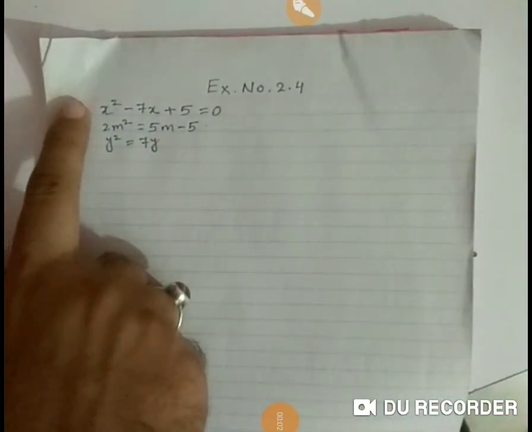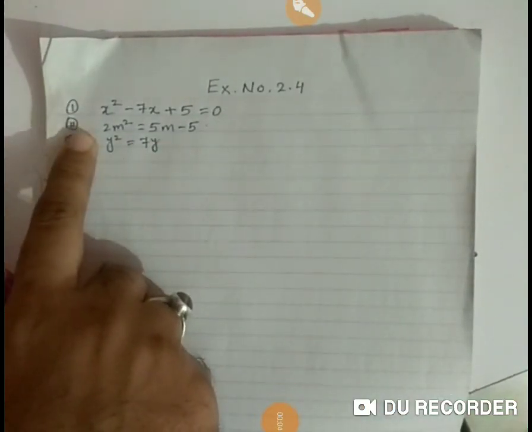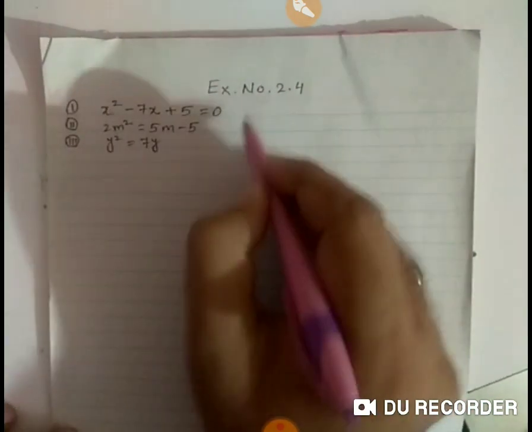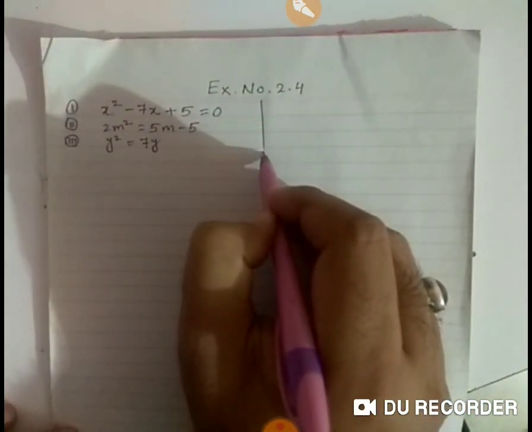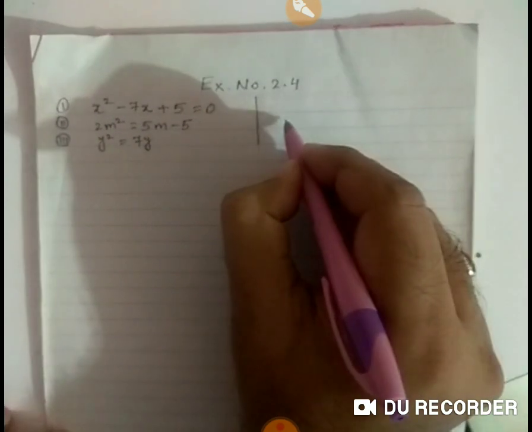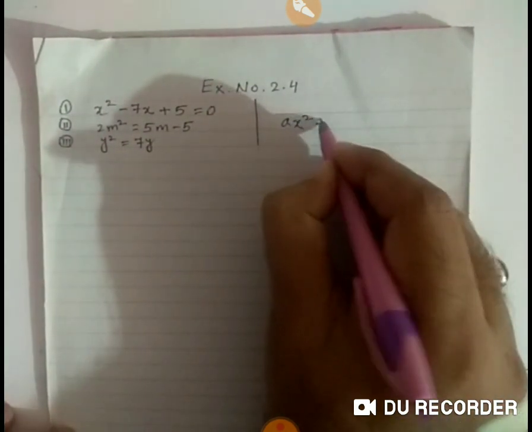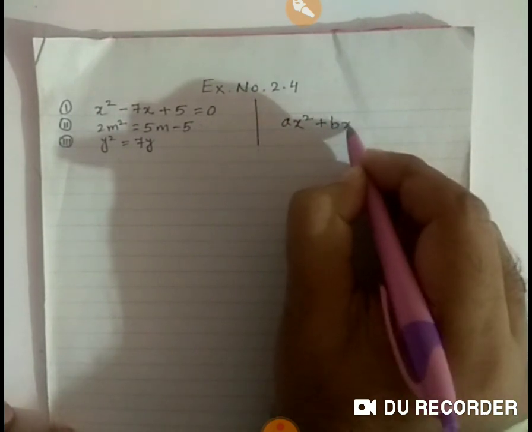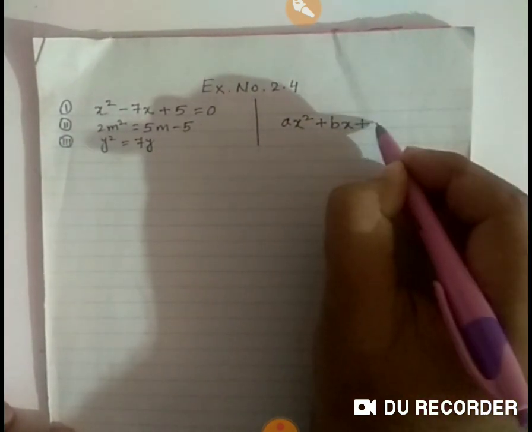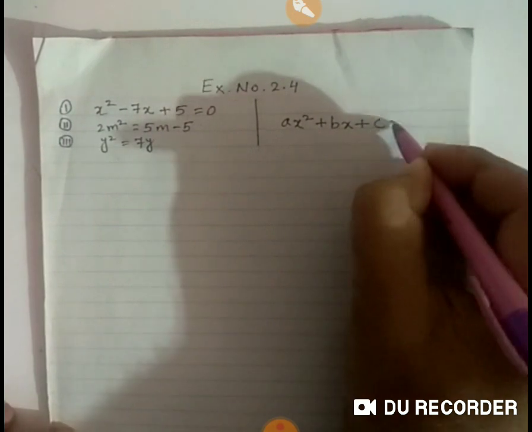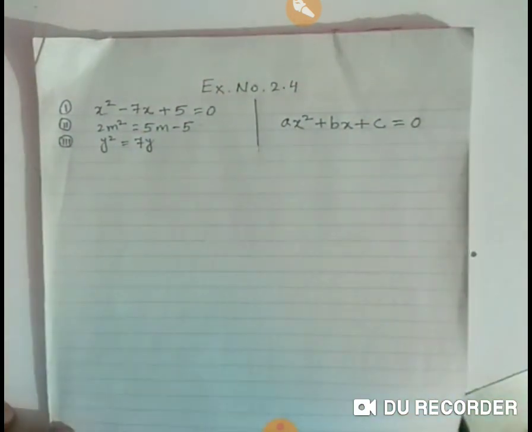So here we have three quadratic equations. You need to compare all three quadratic equations with this ax square plus bx plus c equals to 0.